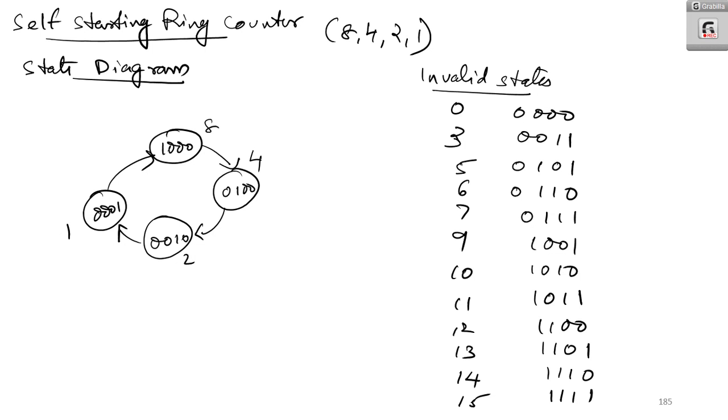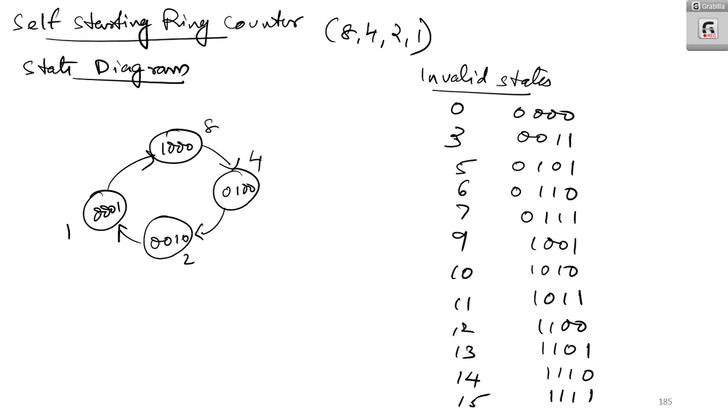Okay. Now, how can you make it self-starting? That is a big question. Now, if you are looking at 8, what is 8? 8 is 1, 0, 0, 0. And 4 is 0, 1, 0, 0. Now, if an invalid state comes, there is an easy way.